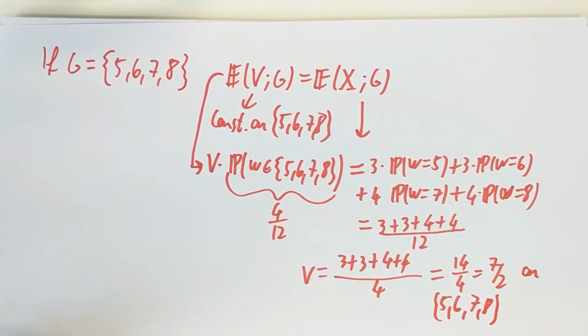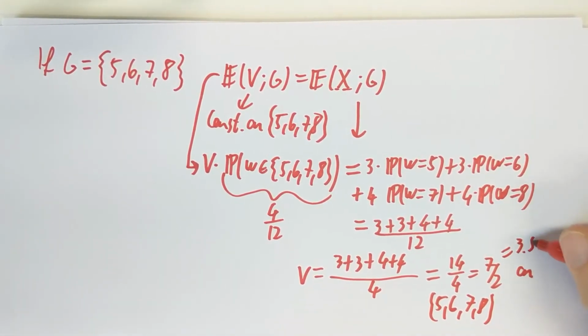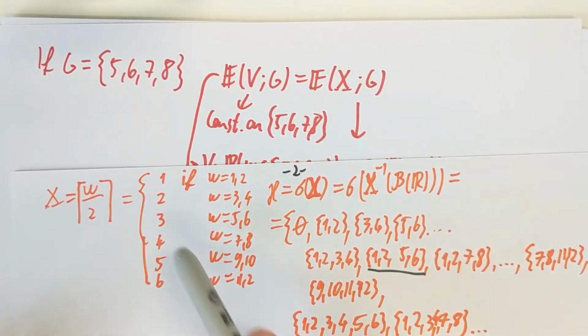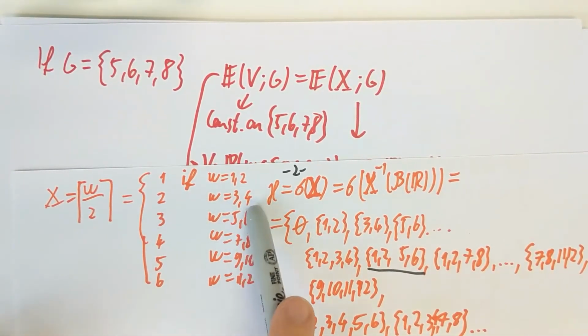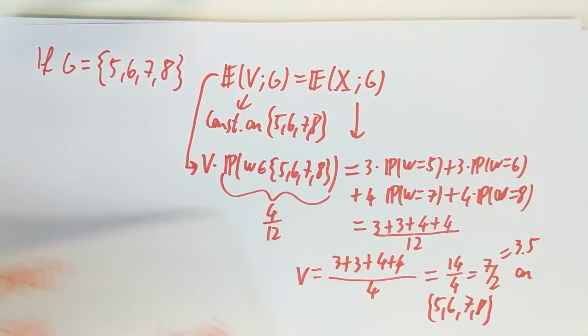Okay? And then finally, so why is it 7/2? 7/2, in other words, is 3.5. And of course, no surprise, 3.5 is just the average of 3 and 4, which covers the set 5, 6, 7, 8. Okay?